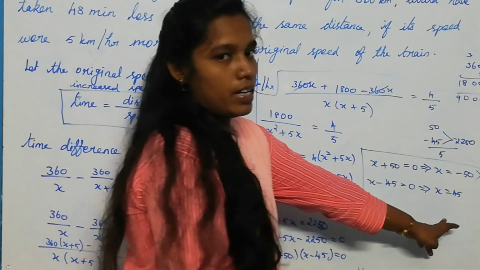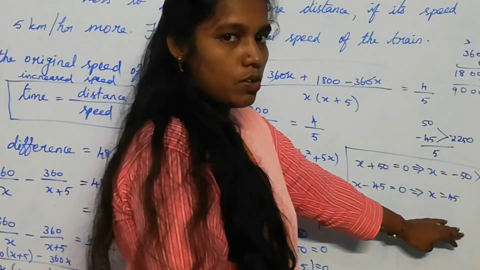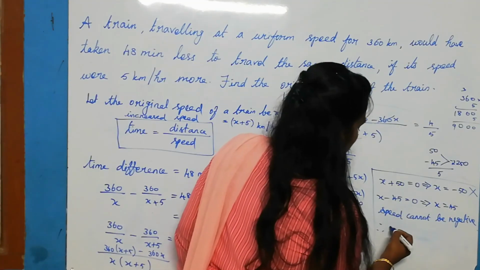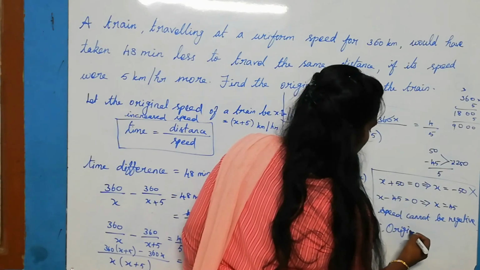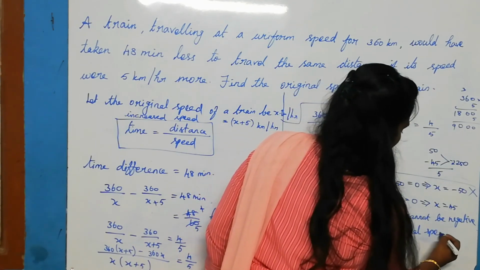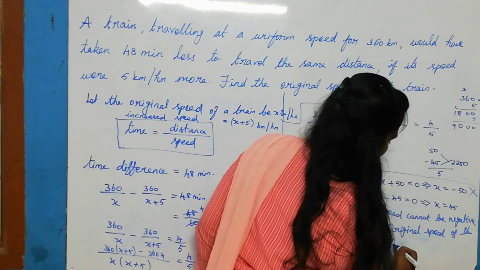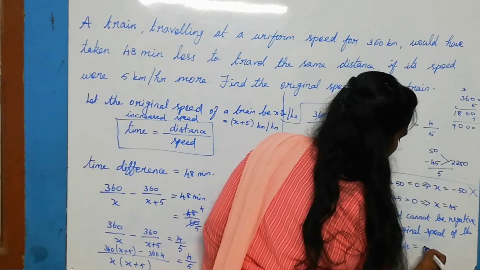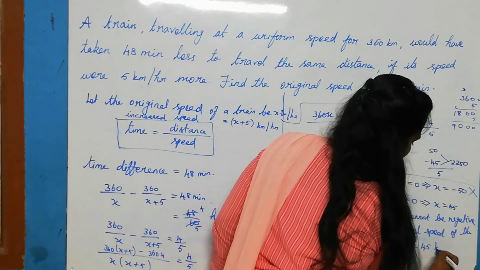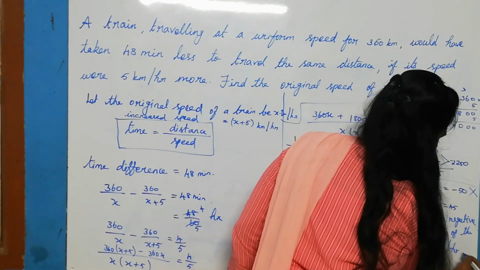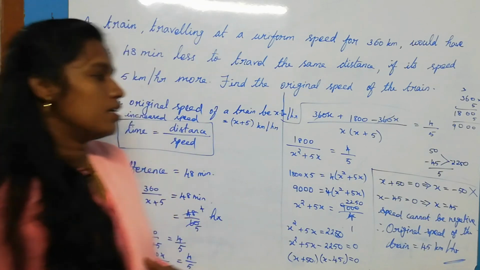Okay, here positive value. What's the value of x? x equal to 45. Therefore, original speed of the train is equal to 45 km per hour. Okay, this is the answer.